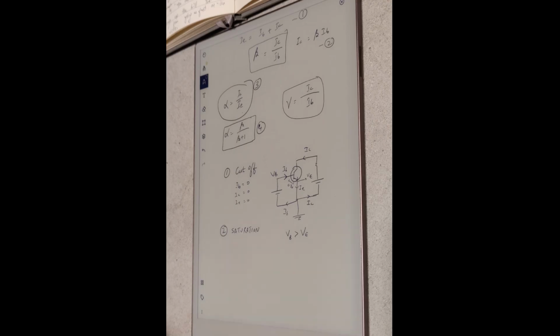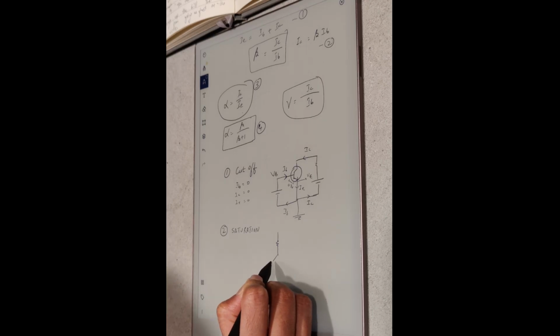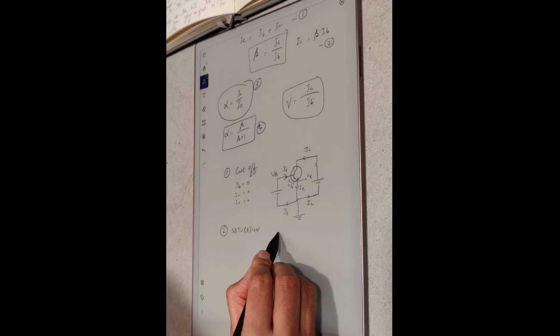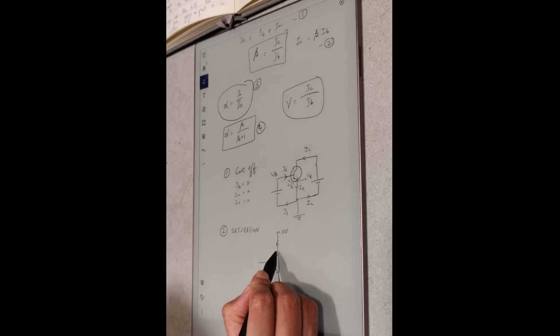If we take a look at a circuit, let's say I have my transistor like that. This is my emitter, this is my base, this is my collector, and I have this connected to a 10-volt battery, and I want to measure my VC here.